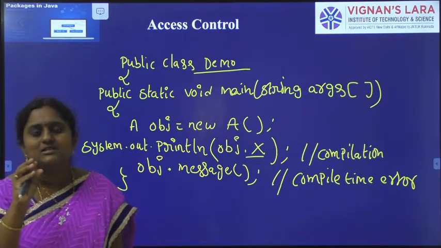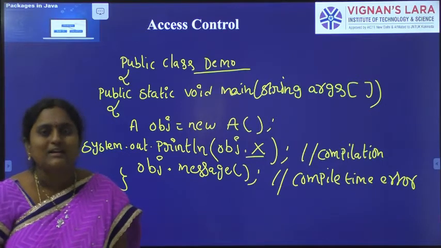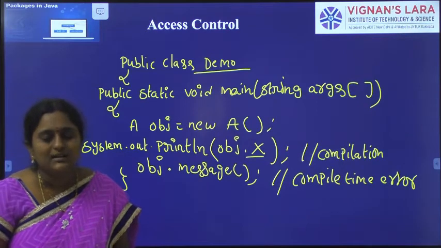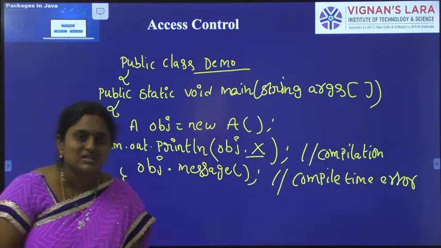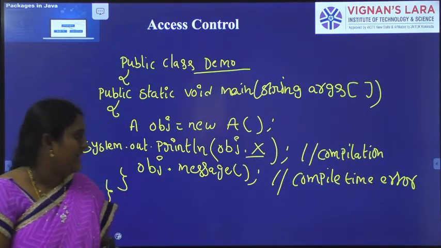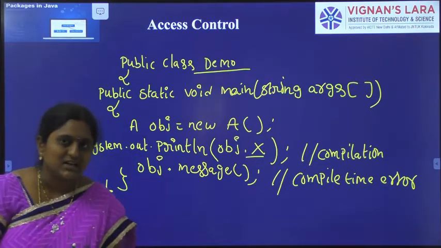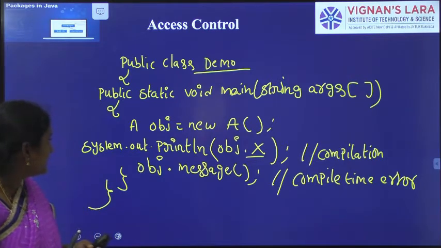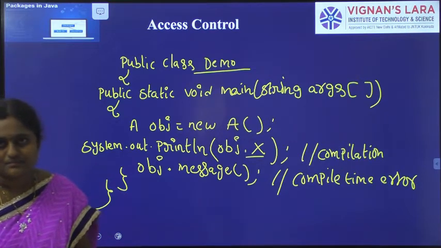If we try to access private data members and private methods outside the class, it leads to a compilation error at the time of compilation. So this program could not compile successfully. The x data member is private and message is a private method, so we can't access them outside the class.